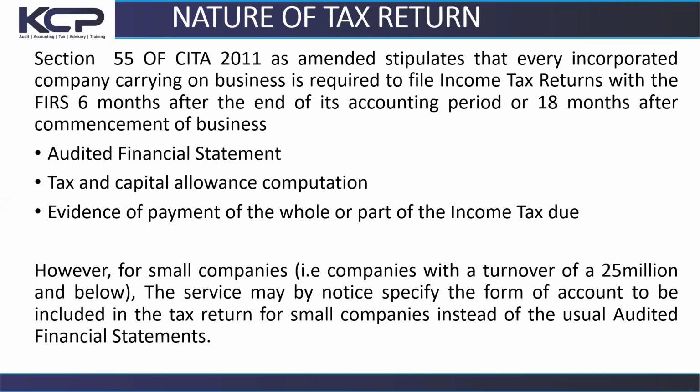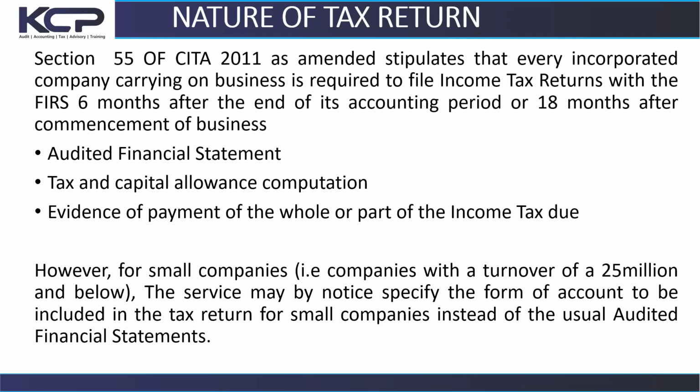And when you're doing this, you need to submit the audited account, the tax computations, the capital allowance computations, and the evidence of payment of whole or part of the income tax due.